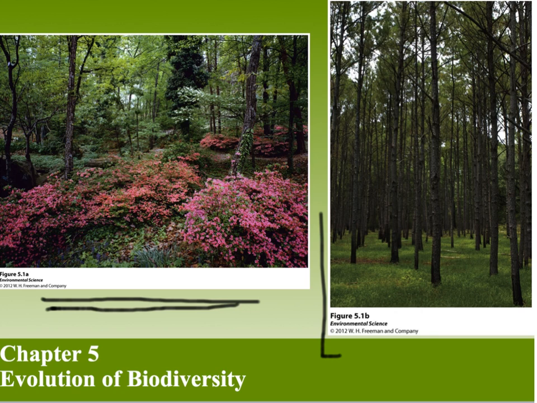Figure 5.1b is a forest plantation, and it's just a single tree species, and then you have some grasses and such. Because you have a low diversity of plant life in this community, you're going to have a low animal diversity as well.